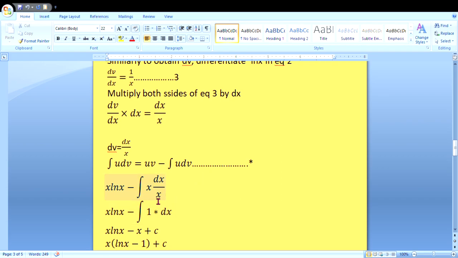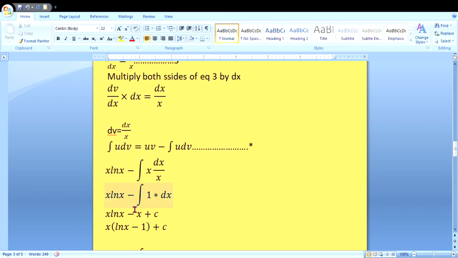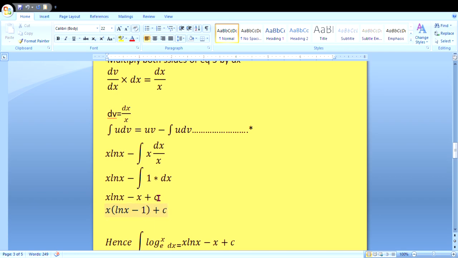So the x cancels x, and this becomes x ln x minus the integral of 1 dx. And if we integrate 1 here, this becomes x. So this becomes x ln x minus x plus c, where c is an arbitrary constant.